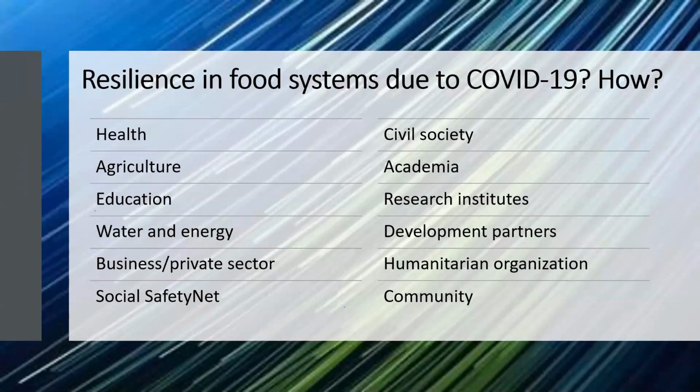In UNSCN, we also try to think what would be the best entry point to look at this crisis, this pandemic. And in fact, we thought about it as a team, and what we immediately saw disrupted is our own food environment, the food environment where people meet the system.